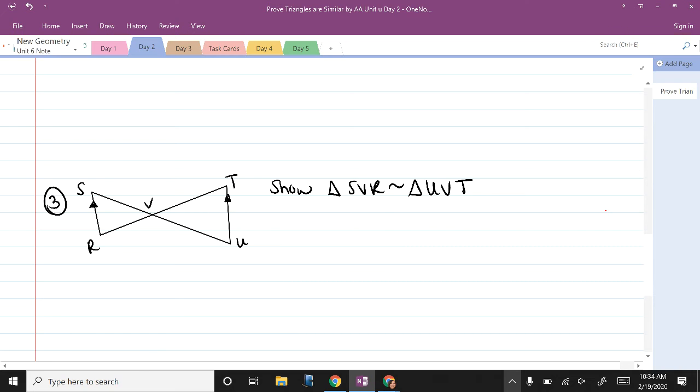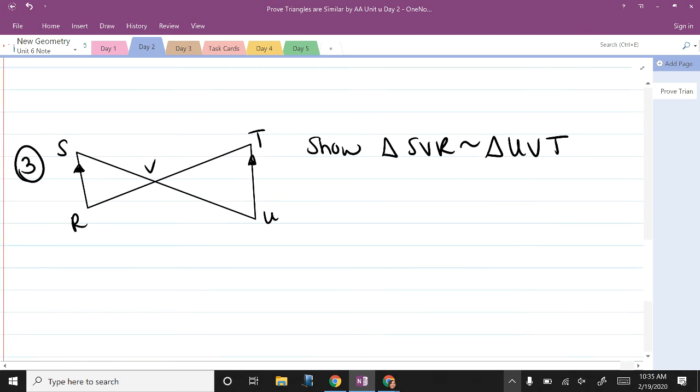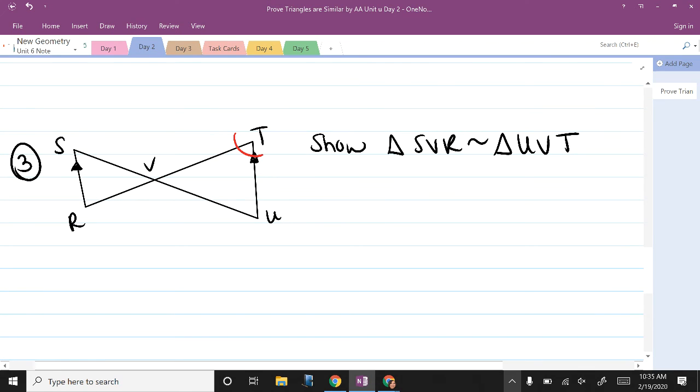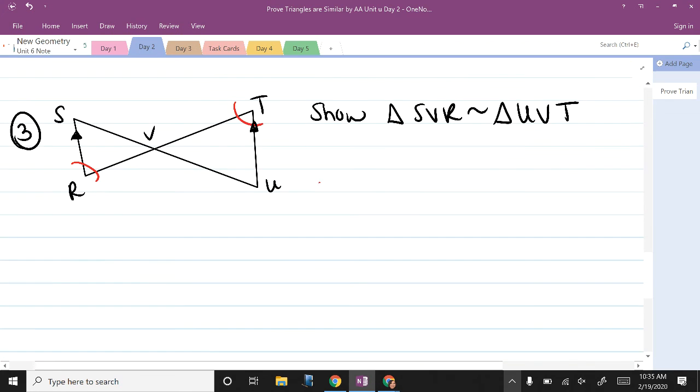Now, all I need to do is show that two angles are congruent, right? Two pairs of angles are congruent to each other. Can somebody tell me a pair of angles that are congruent to each other? T and R are. Okay, so angle T is congruent to angle R because of why?